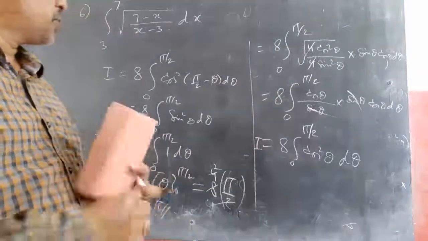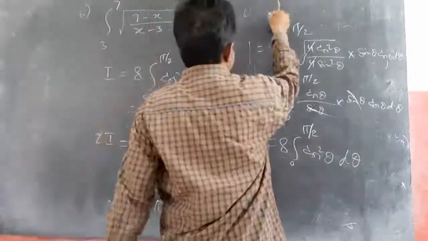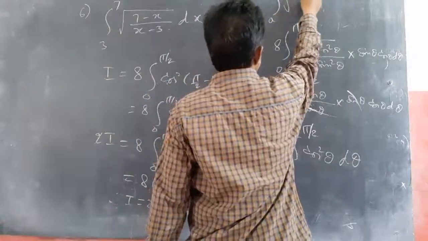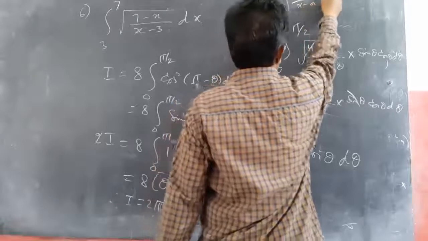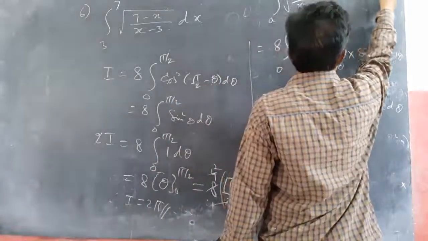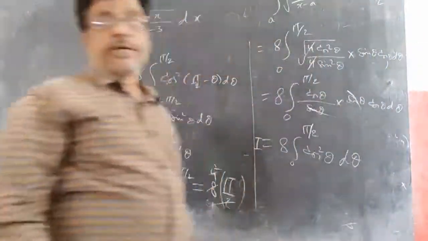If you take a and b, the formula will be integral of a to b of root of (b minus x) by (x minus a) equals b minus a into pi by 2.